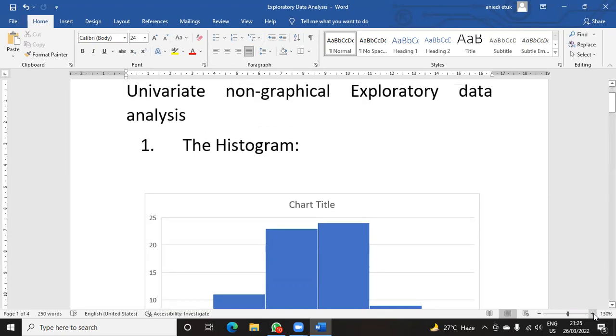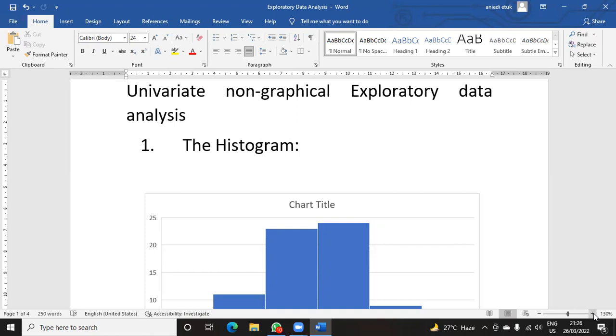A univariate data analysis has to do with, for example, if you collect the data from one population, let's say only Uyo, or if it is one school, only that school, or if it is a local government, only that local government.